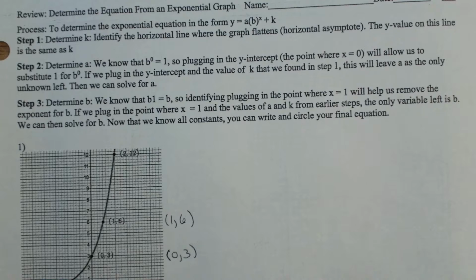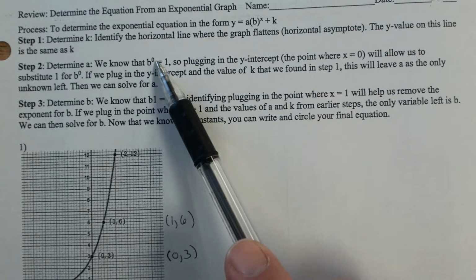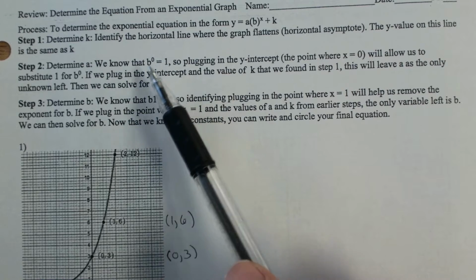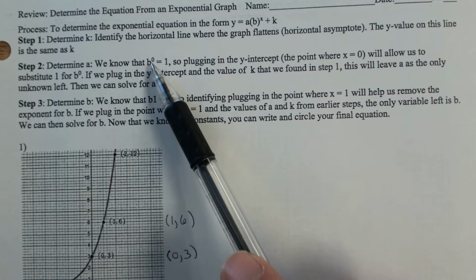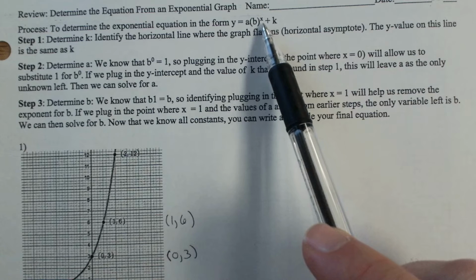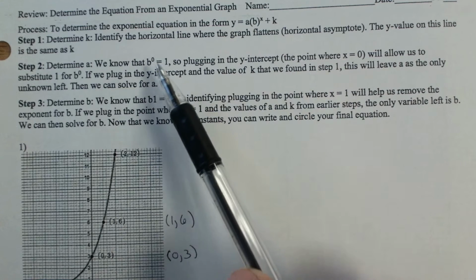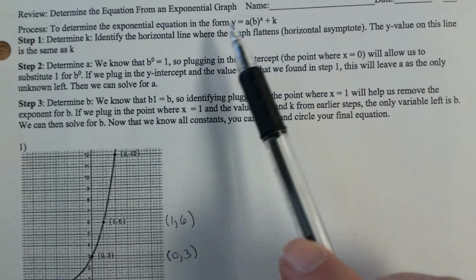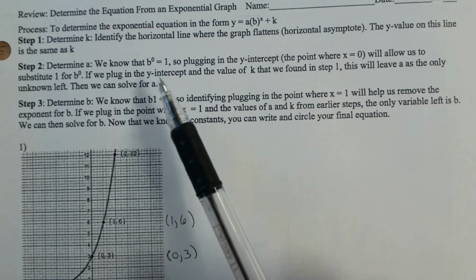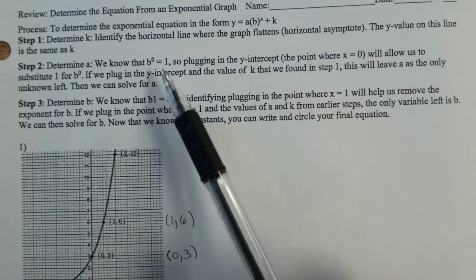Then the second step is we're going to take advantage of a property we learned earlier in algebra. Anything to the 0 power is equal to 1. So how is that helpful? Well, in this equation, our x is our exponent. So if we can plug in a point where x equals 0, that's going to turn that part of the equation into just 1.